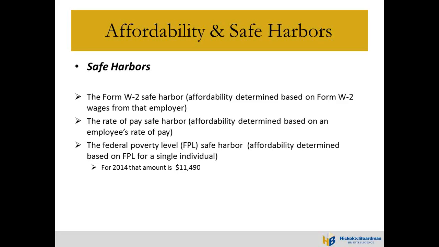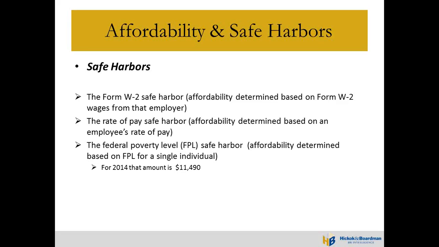So you've got the Form W-2 safe harbor, you have a rate of pay safe harbor, and this is just taking your employee's rate of pay multiplied by the number of hours they normally work per week or per month and coming up with a premium amount that does not cost more than 9.5%. Or you have a federal poverty level safe harbor. And this affordability is determined, they base it on the federal poverty level for a single individual.